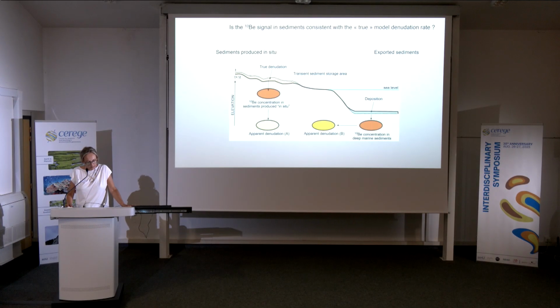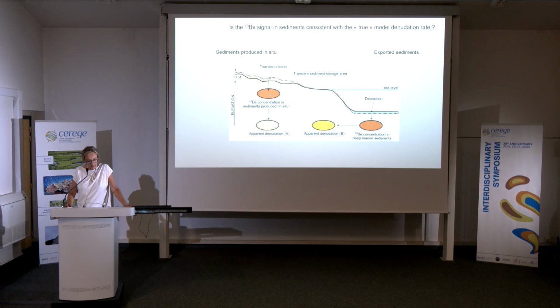So what we can do, for instance, if you have an altitudinal profile like this, so this is the on-land part. Between the time t and delta t, you have some erosion here, and you can compute the beryllium-10 concentration in these sediments at every time.